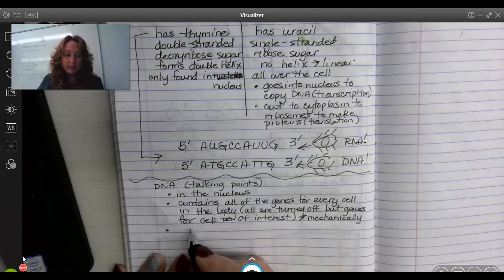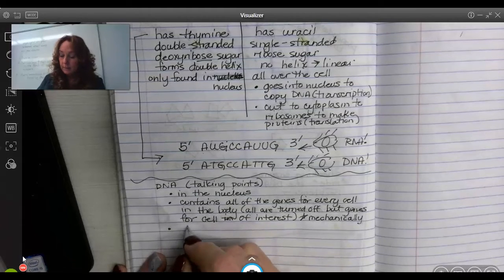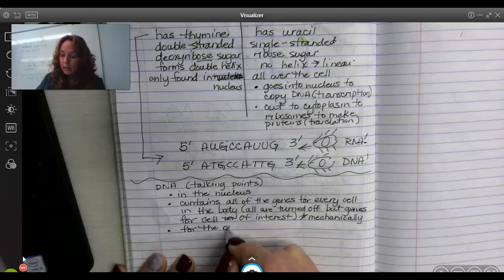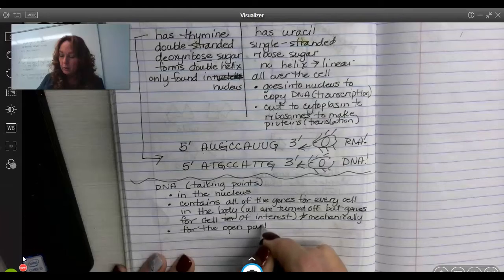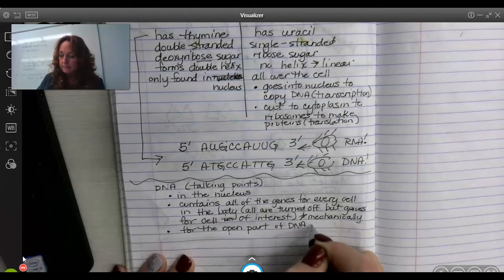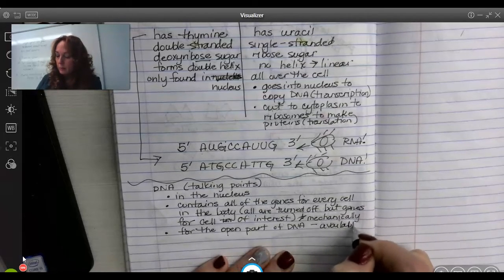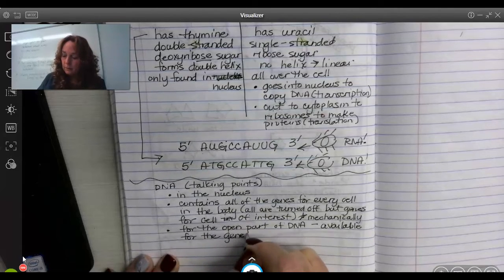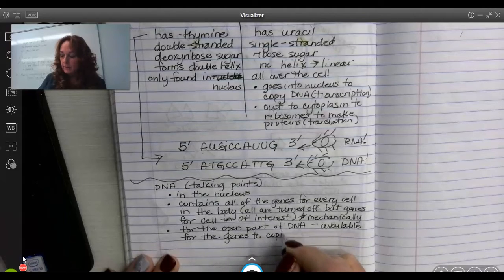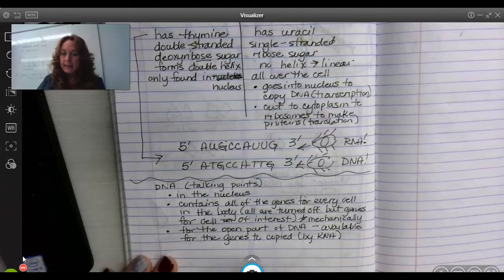So for this DNA, it's available all the time. The open part is the part that's not been mechanically locked down. The open part of DNA is going to be available for the genes to be copied, and that's going to be by RNA at any time.